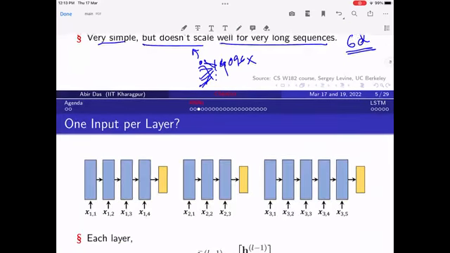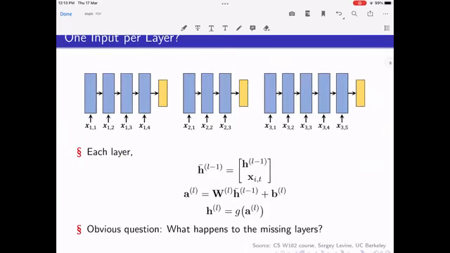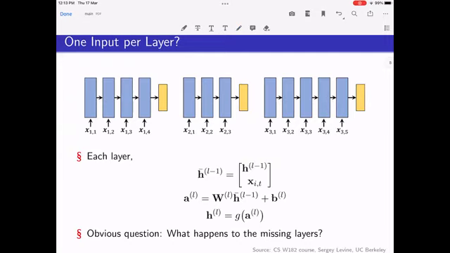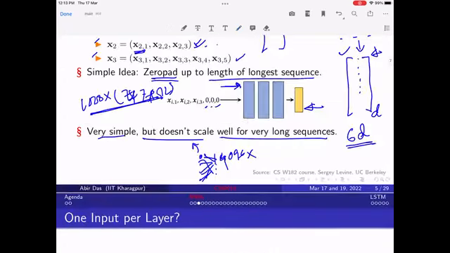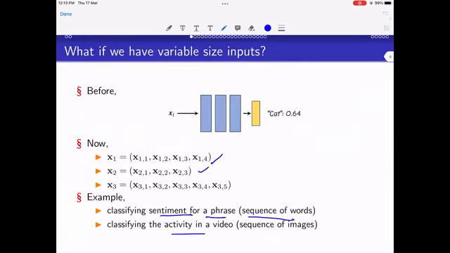Now, what else can you do? Another thing is one input per layer. We have earlier seen for the normal neural networks that we have dealt with till now, input is only given to the first layer.